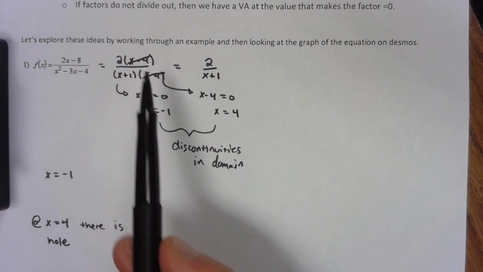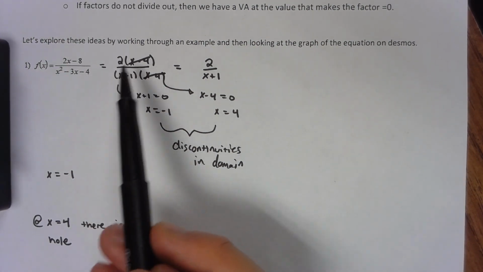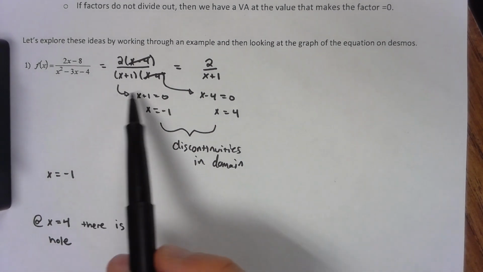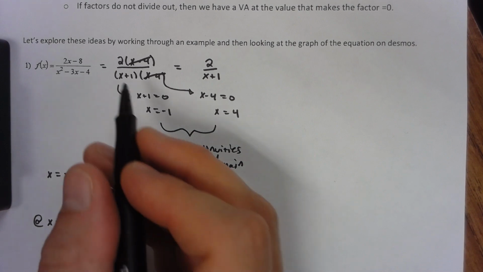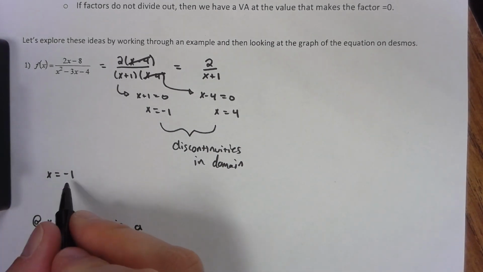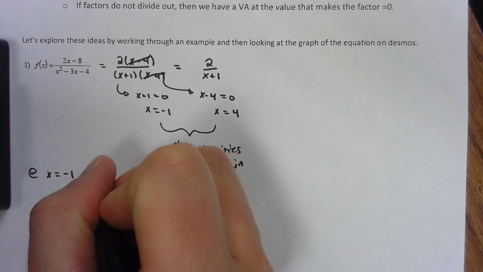Then whatever factors survive all the canceling out or all the dividing out, we're going to have vertical asymptotes there. So the only term that survived in our denominator is x plus 1. So that means that at x equals negative 1, there is a vertical asymptote.